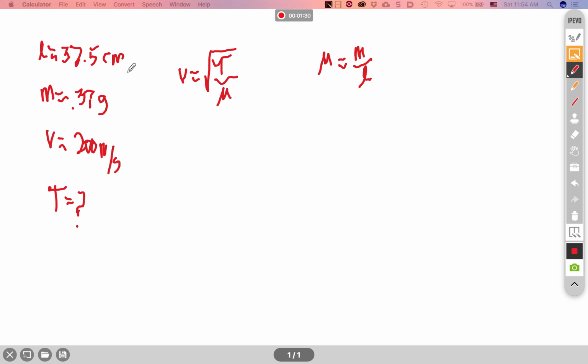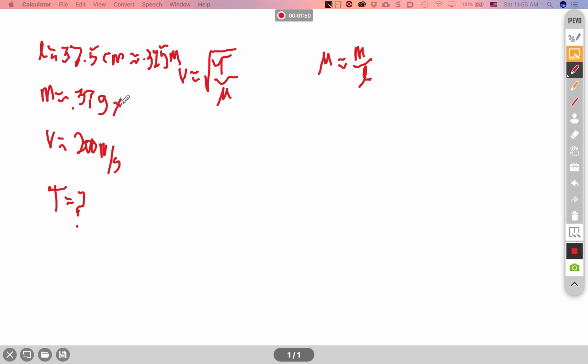Now we have to convert 32.5 centimeters. We need to convert to meters. So that equals 0.325 meters. And we have to convert this to kilograms.